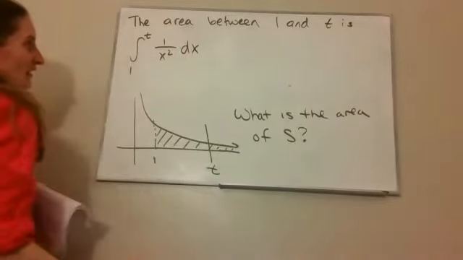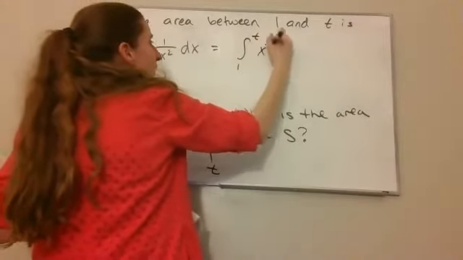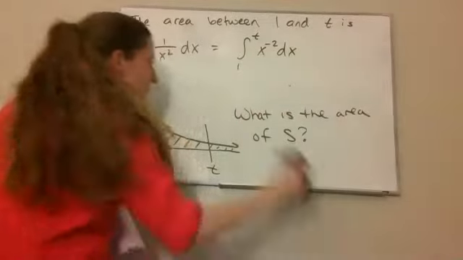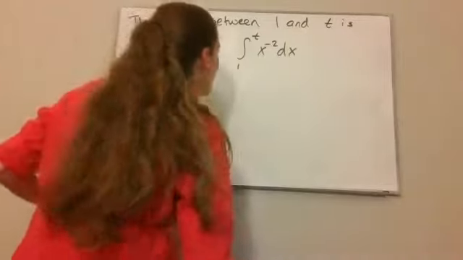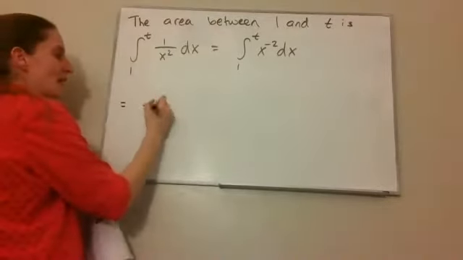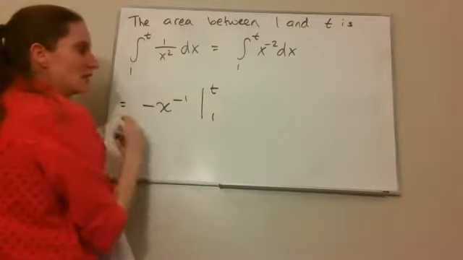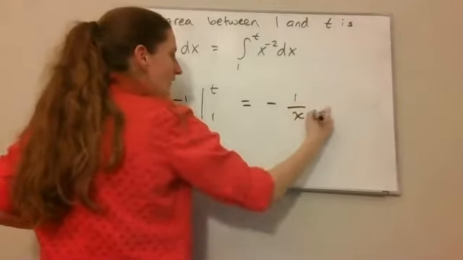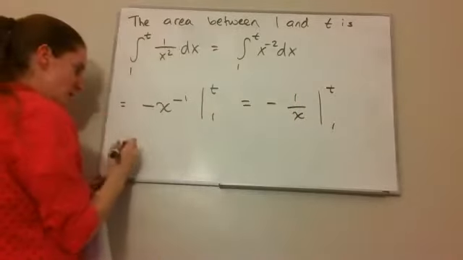And I can calculate this by rewriting it with a negative exponent and then doing my antiderivative. So my antiderivative ends up being negative x to the negative 1. We'll plug in the t and plug in the 1. And that, of course, is the same thing as negative 1 over x from 1 to t.